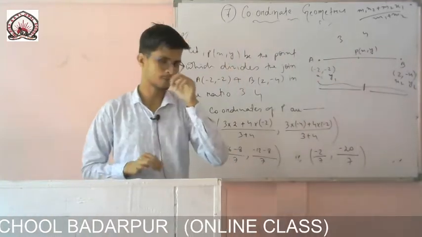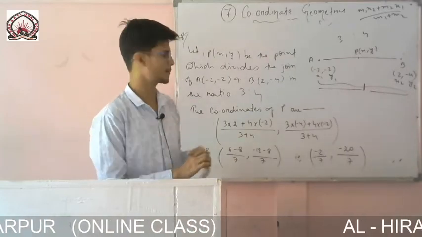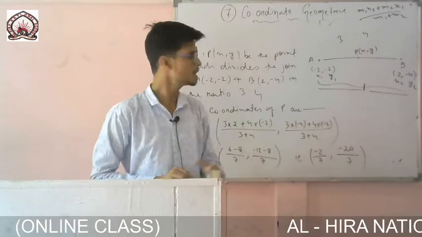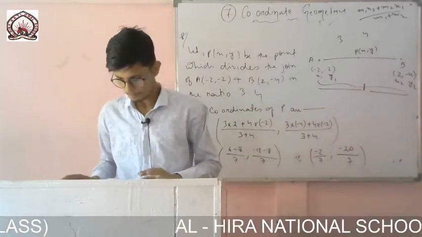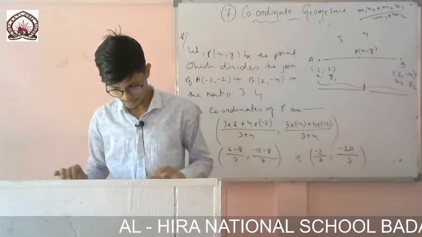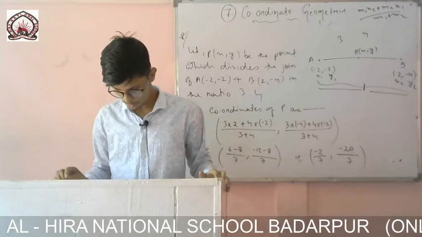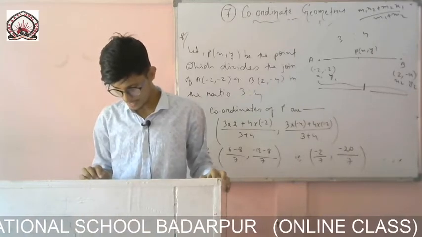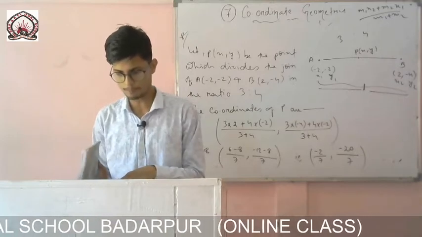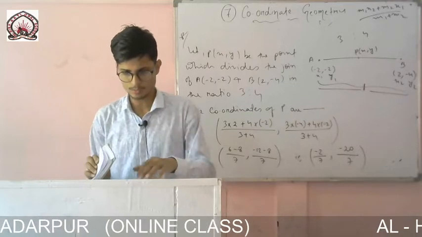So what we have done: first of all, what was given, AP equals 3 by 7 AB, from that I have found the ratio, then using that ratio I have found the coordinates of the point P. Okay, now question number 9: find the coordinates of the points which divide the line segment joining A and B into 4 equal parts. It is like that question with trisection.